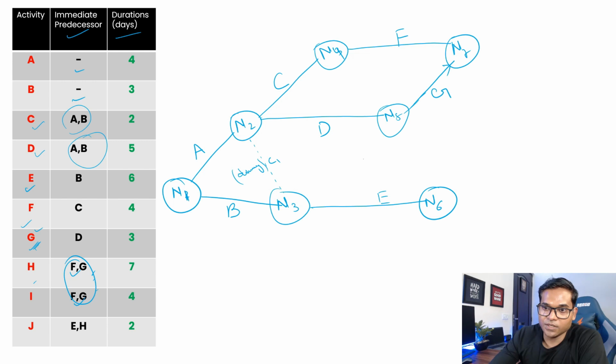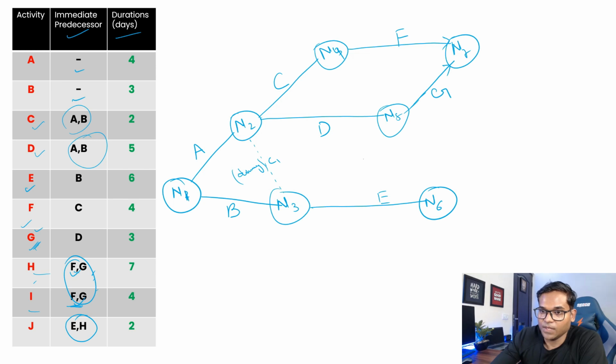Now H has to be drawn. Now H will come out from F, and I will also come out from F and G. So from this node, these two activities will emerge. But if you see here, for J, you need to have an activity where E and H are converging, right?